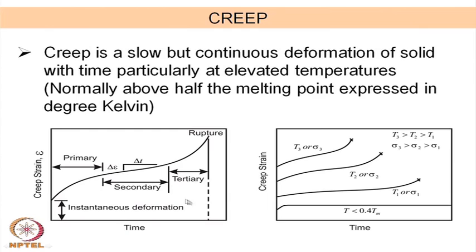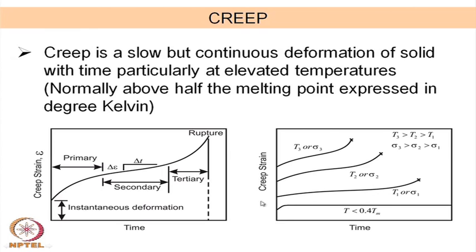This of course is dependent on the temperature or stress you apply, because the deformation is taking place under a constant stress, and that constant stress can be varied or the temperature can be varied.